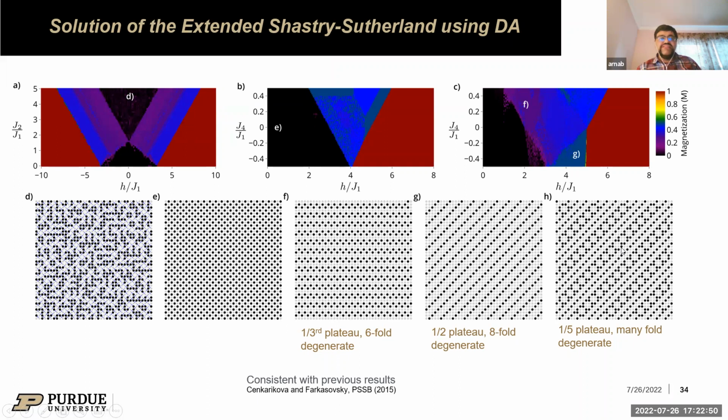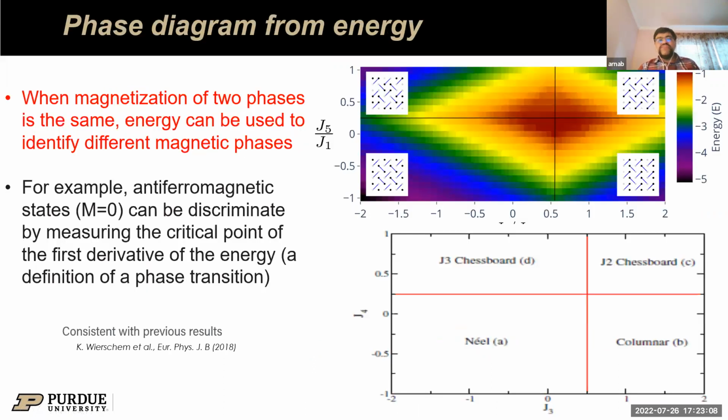And these are all consistent with a paper published in PSSB in 2015, who were also trying to see what other kinds of phases you see in such a model and to explain some of the experimental results. There are two ways in which you can get to the result here. One is by looking at the energy landscape, and one is by looking at the magnetization.